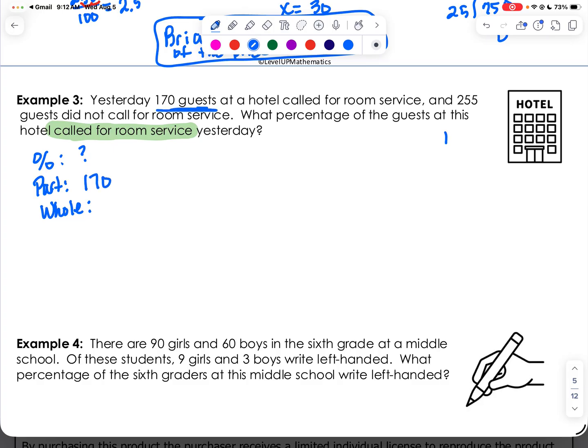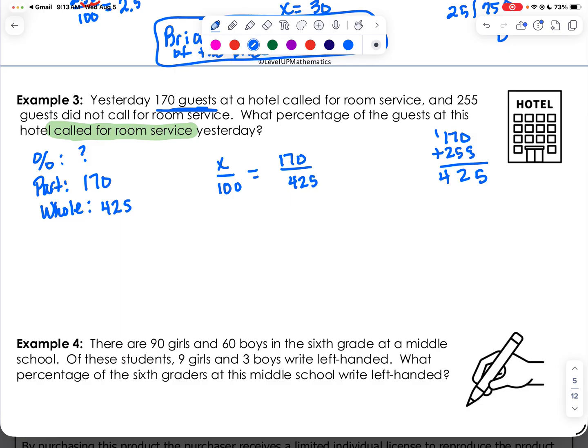Now, to get the whole, I'm going to have to add up the total number of guests at the hotel. So that would be 5, 12, carry the 1, 2, 3, 4. So our whole is 425. So when I set up my percent proportion, I'm going to have x over 100 equals 170 over 425.